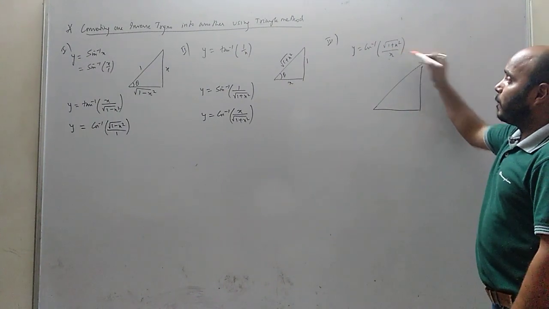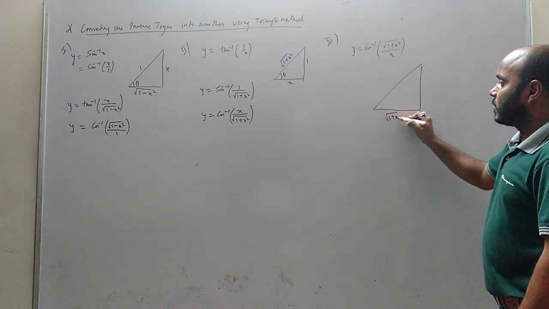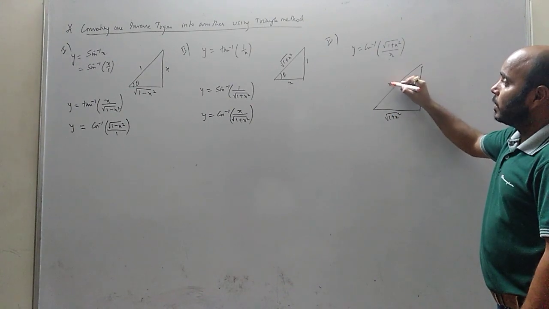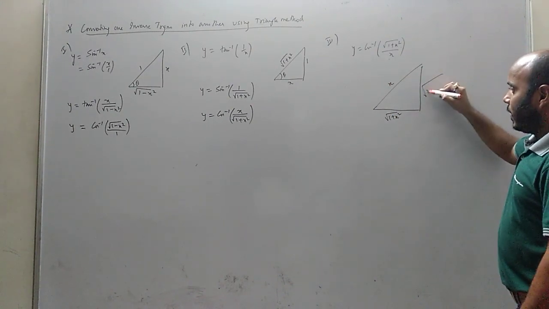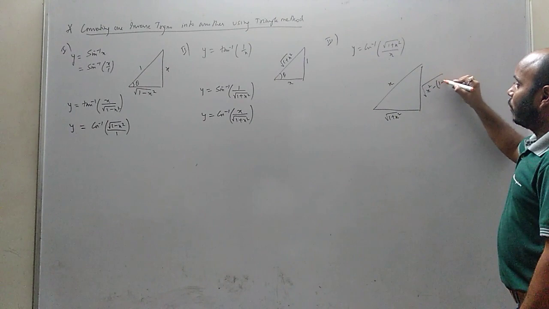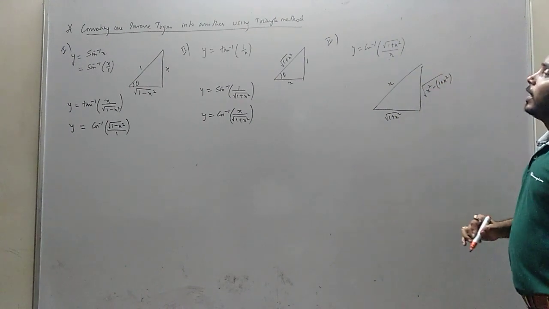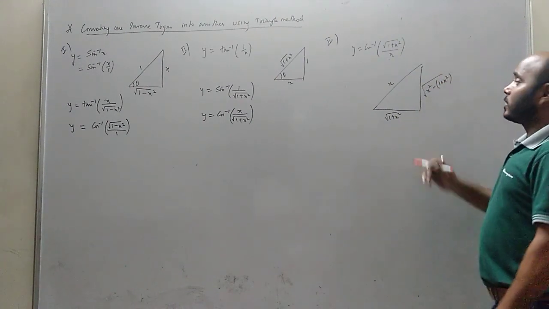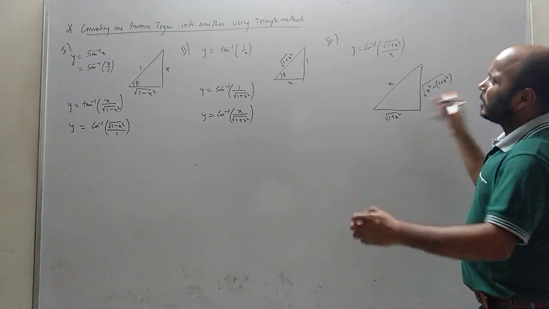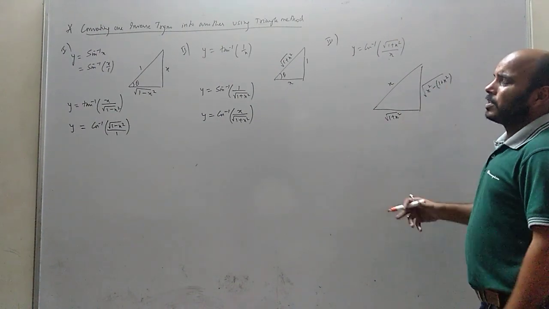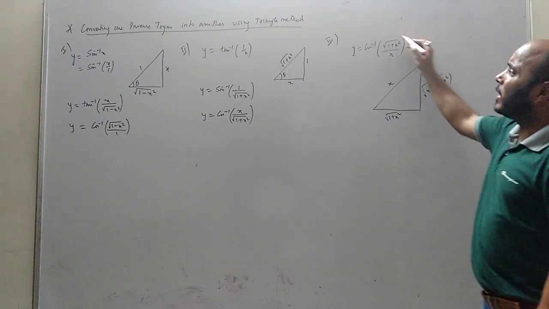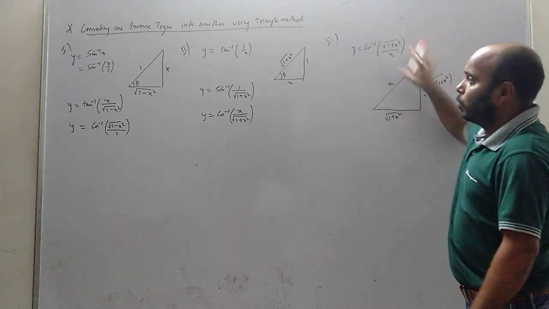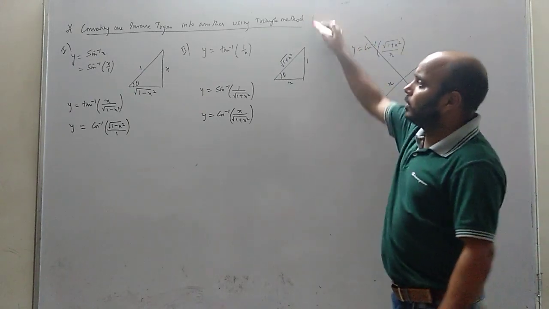So base by hypotenuse: base is under root 1 plus x square, hypotenuse is x. Then the other side will be under root x square minus 1 plus x square, like this. Understood? Anything like this can come in class. It's not necessary that it will come exactly like this. So anything can come. You don't have to write this in your notebook. You have to write only till this point.